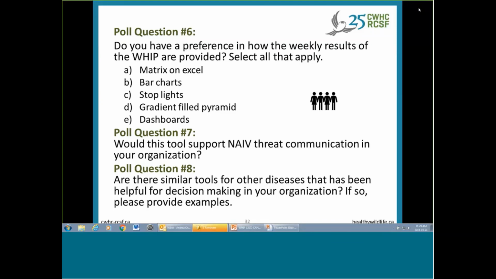And ideally, we chose avian influenza as a pilot. We don't have any support or funding to look at expanding it beyond that, but something else we have in the back of our mind is whether we can use a similar approach for other disease threats that may be emerging from wild animal populations.